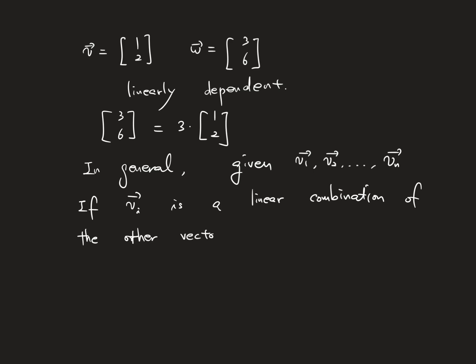This is a very important definition, so I'll write down everything. So that means one vector could be generated using the other vectors.